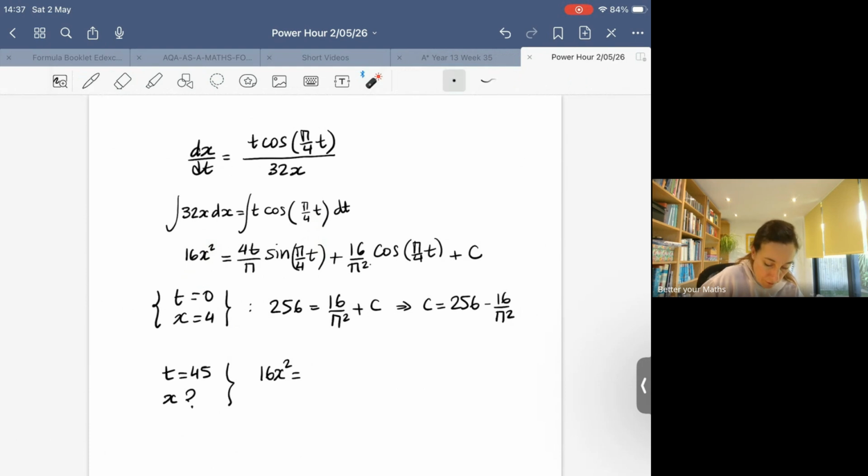So I have 45 times 4, which is 180, no? Over pi. Then sine 45 quarters of pi. I don't know what that is. 45 pi divided by 4. 45 seconds.